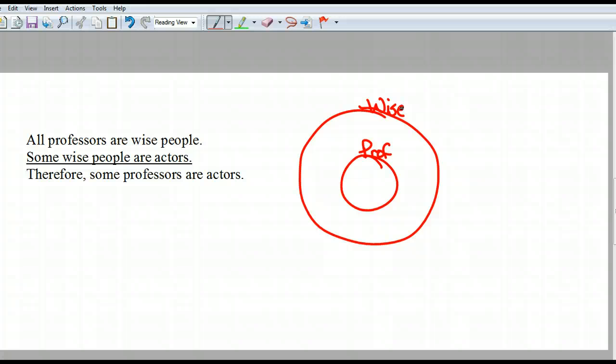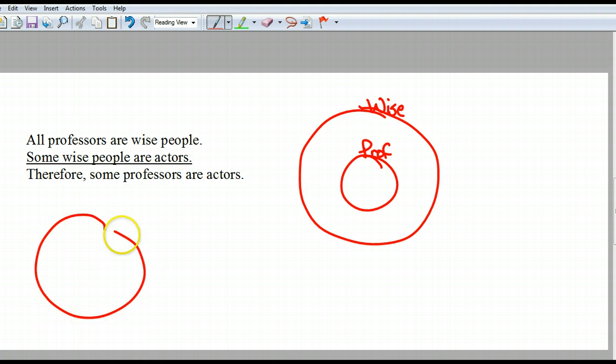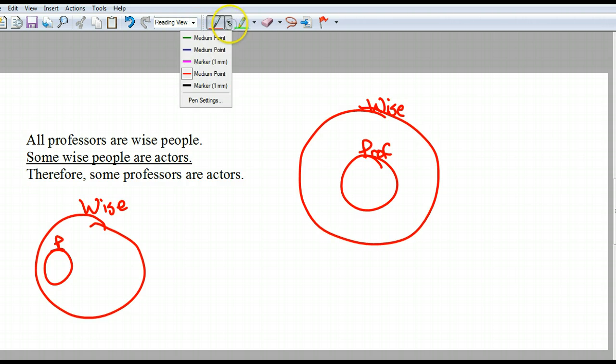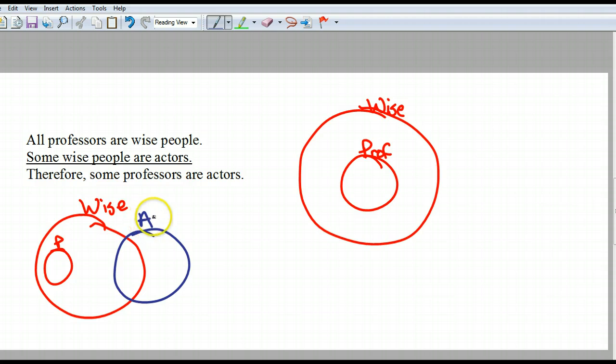Where would I put the actors circle? It says some, so not all actors are wise, but some wise people are actors. So I'm going to put profs right here. And I'm going to put my actors like this. That's one possibility.